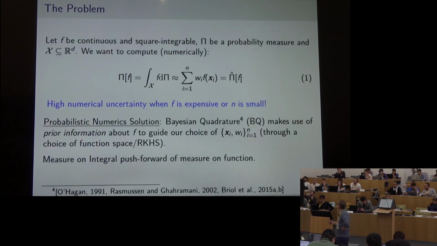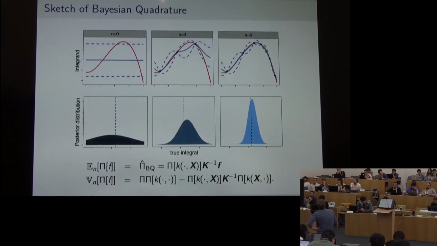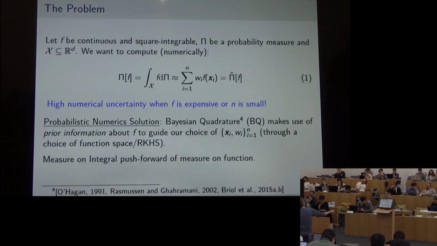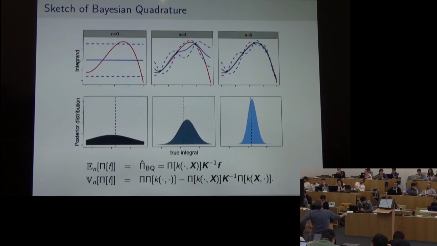Yeah, so the W's are in fact, if you look at this here, we've basically got a weighted sum of the integrand evaluations, and what you see here is exactly the same.